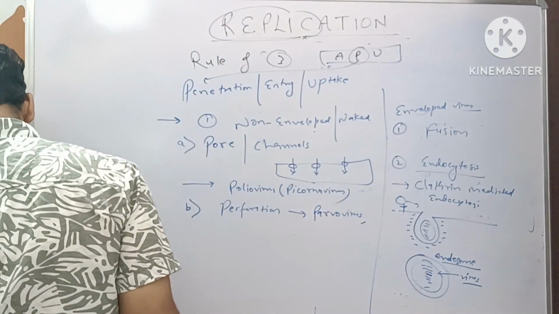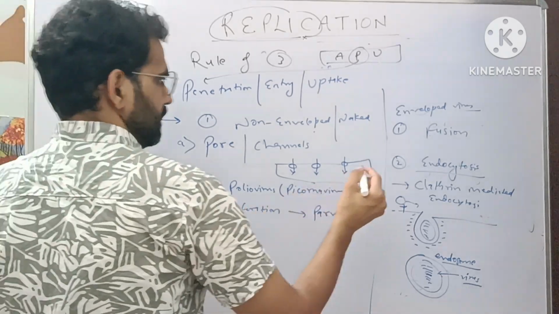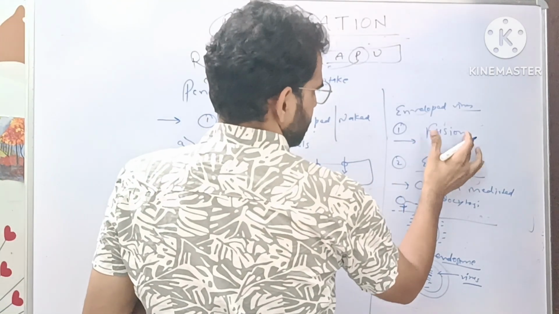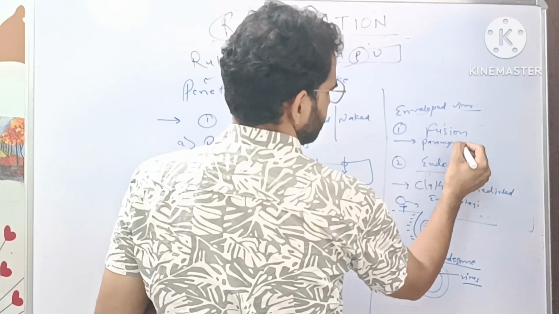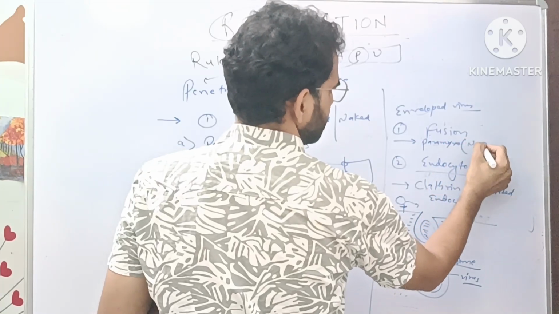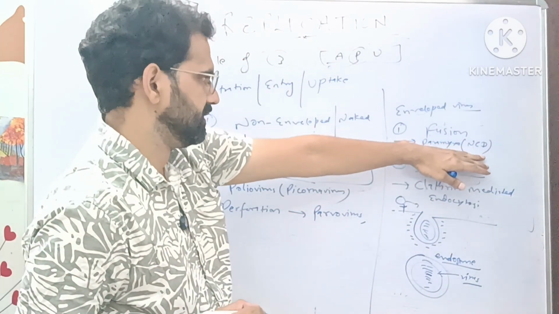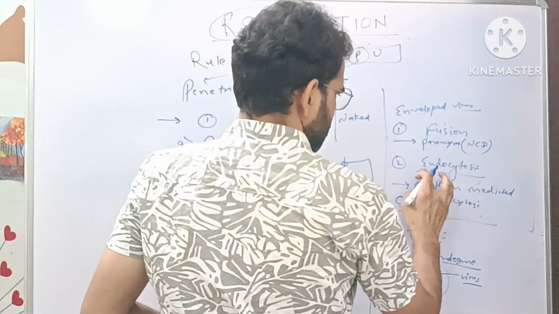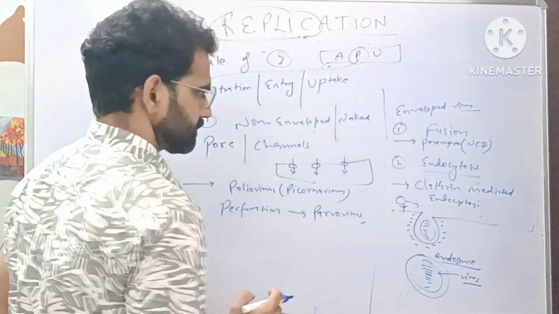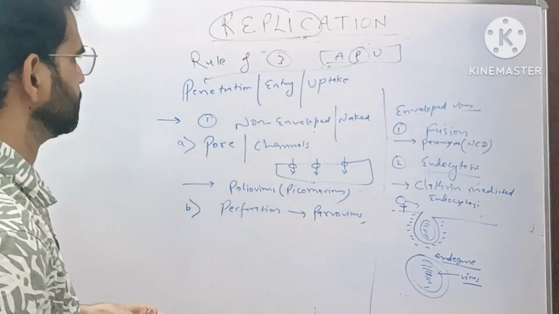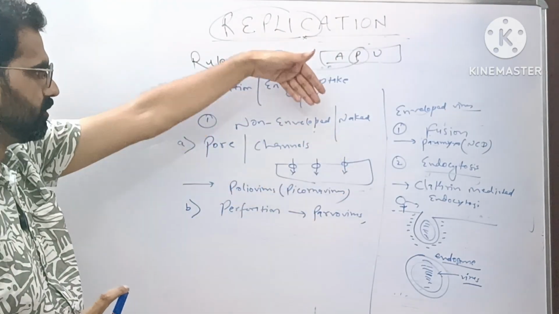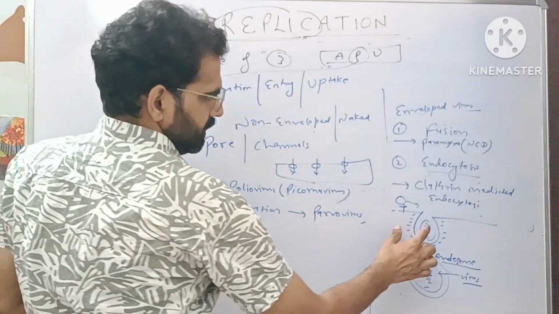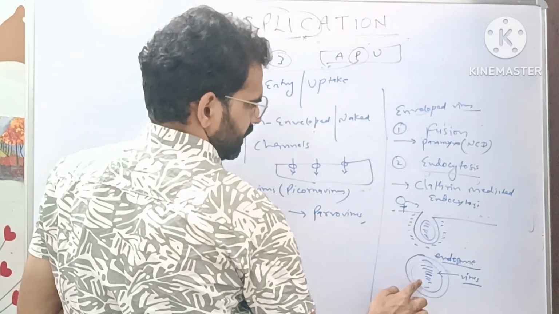There are some viruses which undergo direct fusion. They are the paramyxoviruses. For example, Ranikhet or Newcastle disease. So this is how the virus penetrates, or enters inside the cytoplasm.